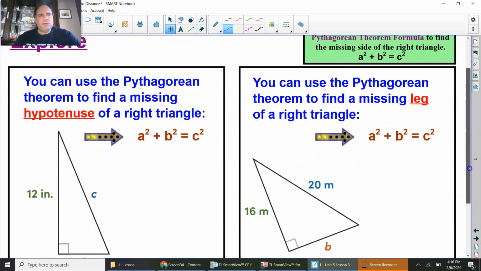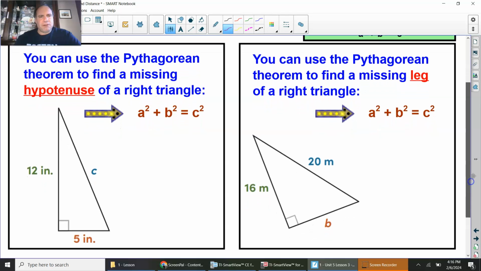So in two different questions, these are the two questions that you could possibly see. As soon as you see a right triangle and a side is missing from that right triangle, you're going to use Pythagorean theorem to find the missing side. The first thing that you do is create that arrow opposite the right angle.